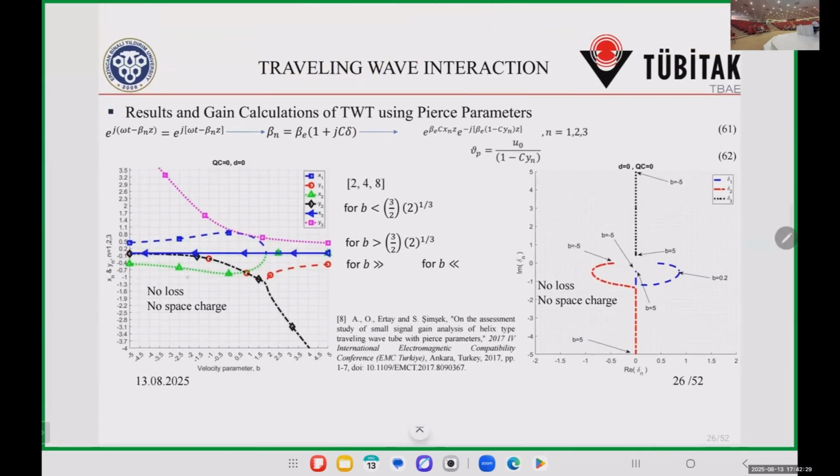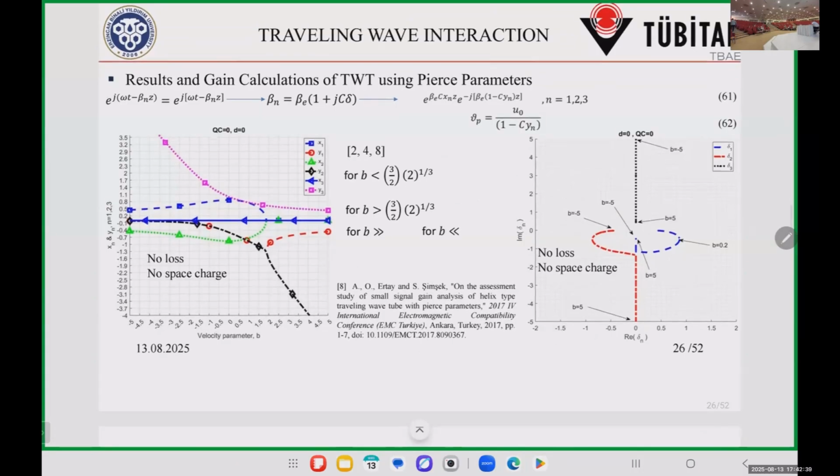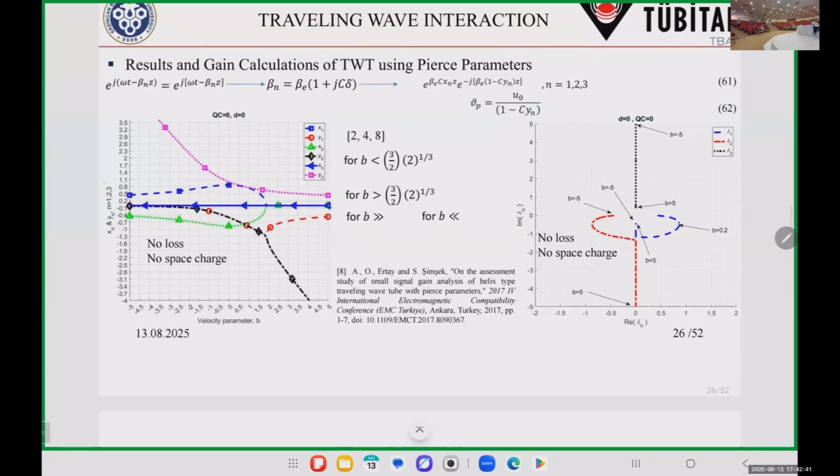If we consider these equations, we obtain these results. We can plot x and y against the velocity parameter. Let's consider x1 and y1.